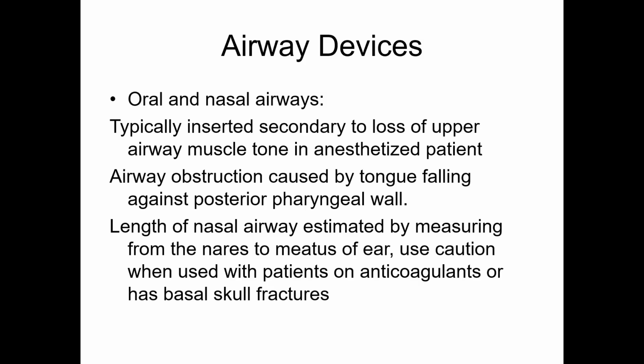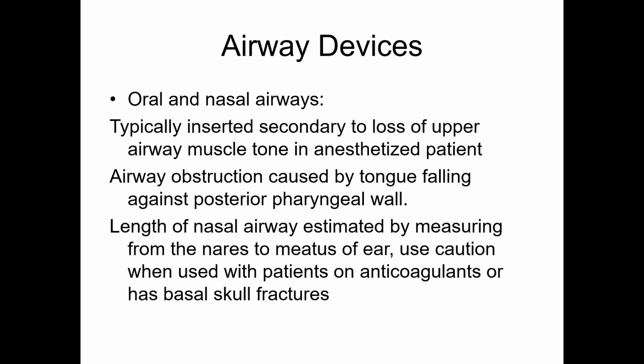Airway devices. We start with the simplest instruments, which are oropharyngeal and nasopharyngeal airways. Oropharyngeal and nasopharyngeal airways are typically inserted when the patient loses consciousness, in an anesthetized patient or deeply comatose patient, and there's a loss of upper airway muscle tone.